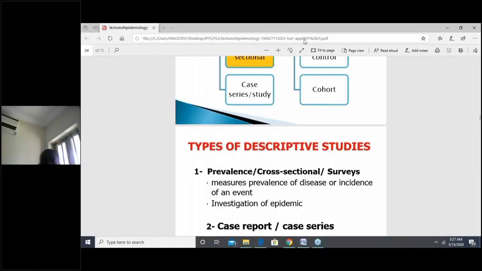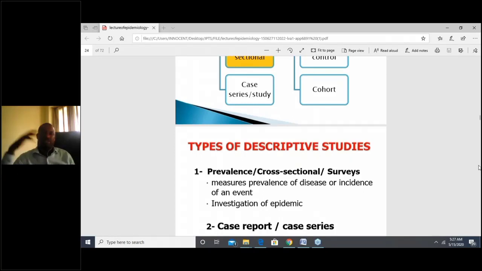What it does is measure the prevalence of the disease. What is the prevalence of the disease? What number of people are having this disease in this particular place? Then you look at investigation of epidemics.